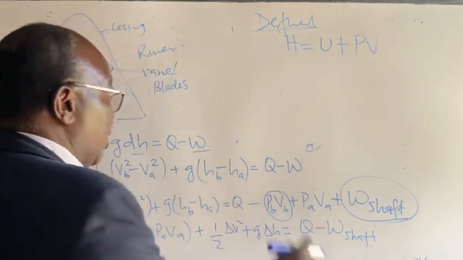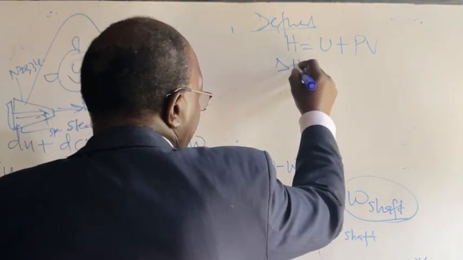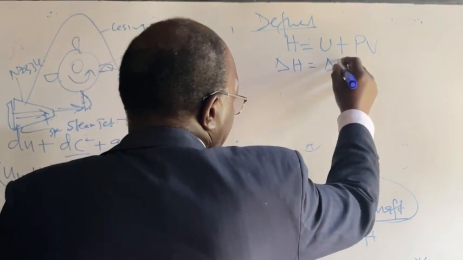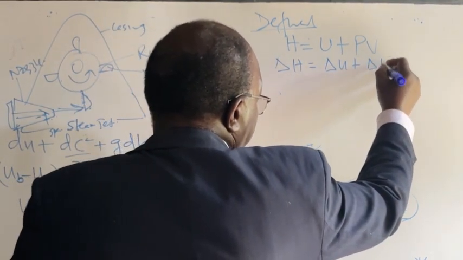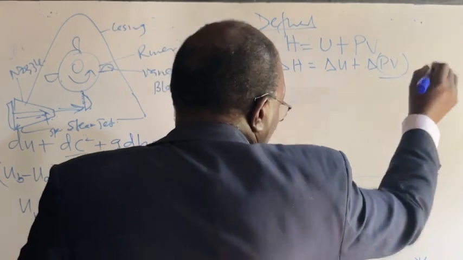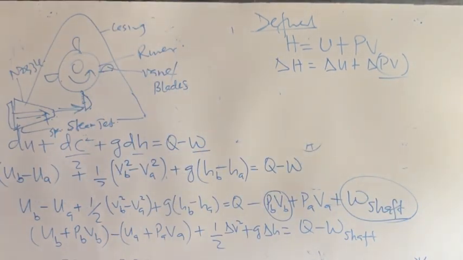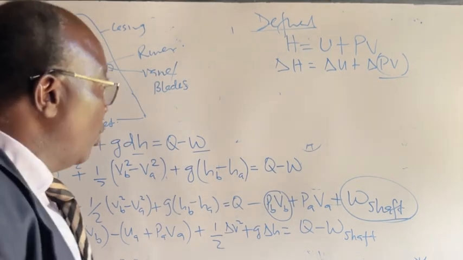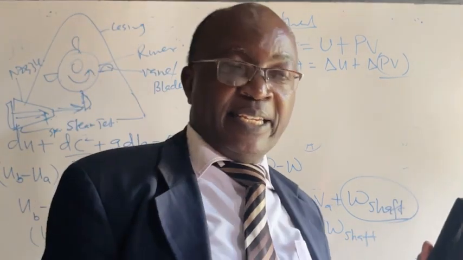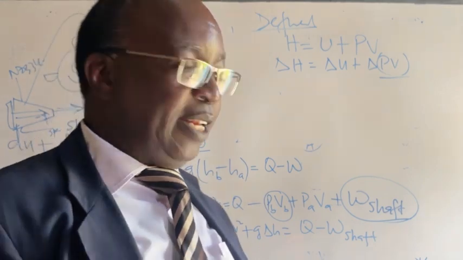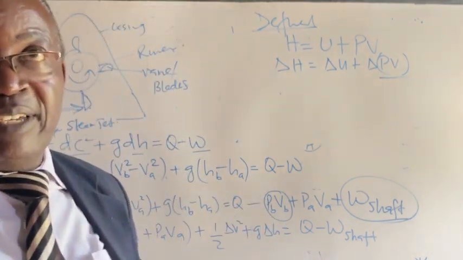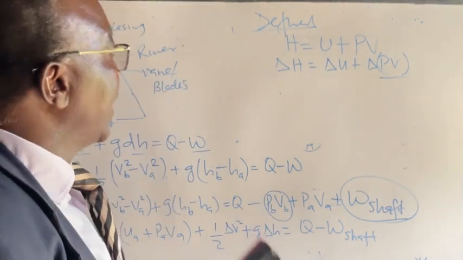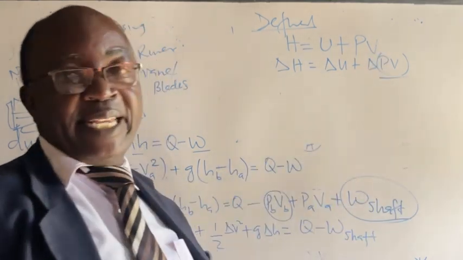And I mentioned in those earlier lectures that we take the difference, the change, then that would be delta U plus delta PV. Don't assume that PV is equals to nRT unless it is specified that you are dealing with an ideal system which obeys the ideal equation of state, that is PV is equals to nRT. So don't assume that PV is nRT.